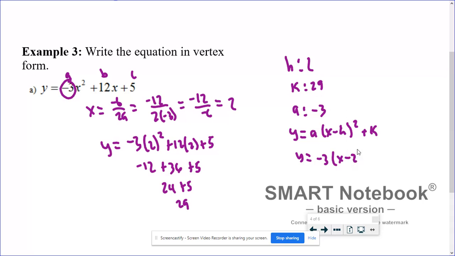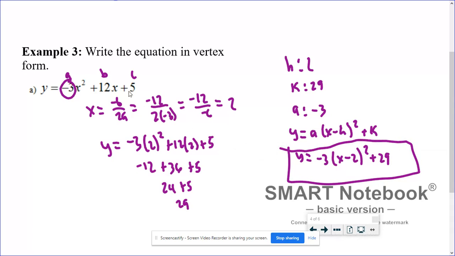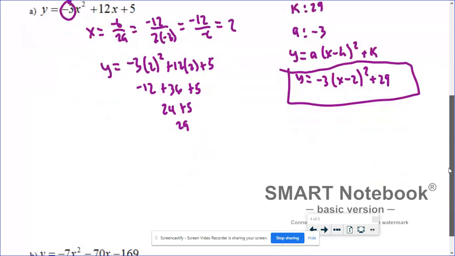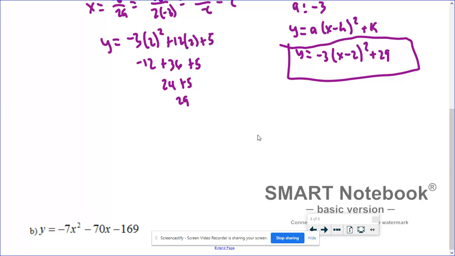H is 2, so minus 2, squared plus k. K is 29. So that would be the vertex form of the equation that was originally given here in example 3. There's another one left. I'm going to leave that for the exit ticket.